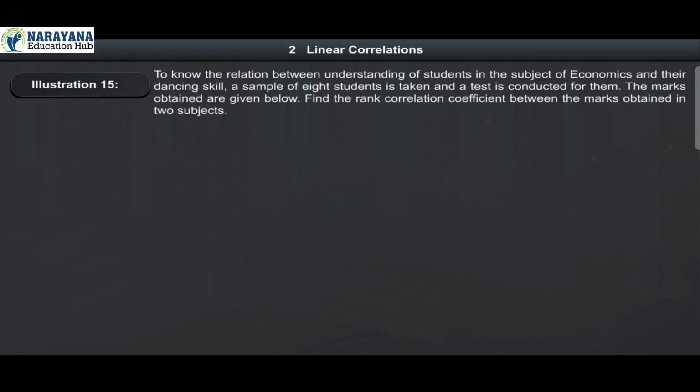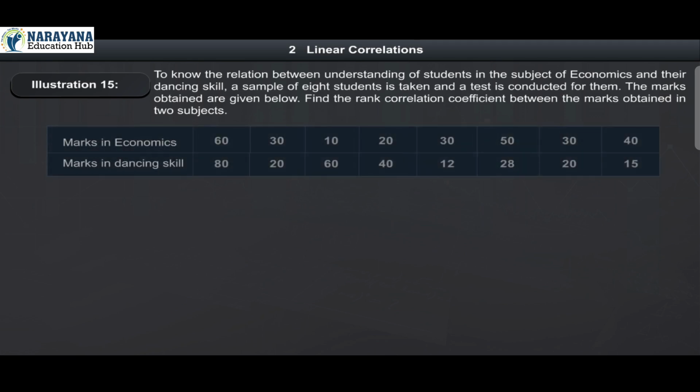Illustration 15. To know the relation between understanding of students in the subject of economics and their dancing skill, a sample of 8 students is taken and a test is conducted for them. The marks obtained are given below. Find the rank correlation coefficient between the marks obtained in the two subjects.